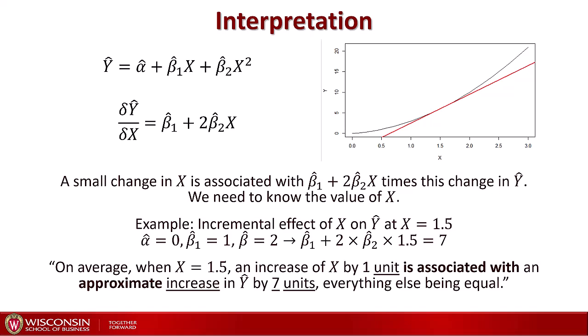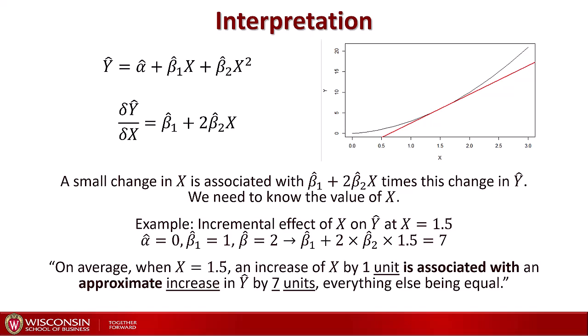For instance, we can ask for the incremental effect of x on our predicted y at x equals 1.5. Let's say we have the estimated coefficients alpha hat equals 0, beta 1 hat equals 1, and beta 2 hat equals 2. If we plug this in our equation, we find that we have a total change of 7.